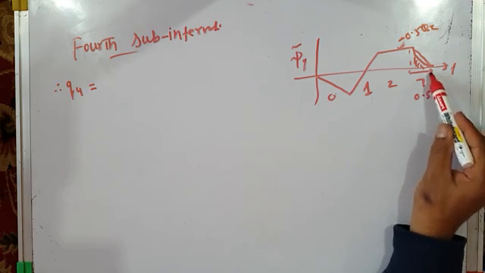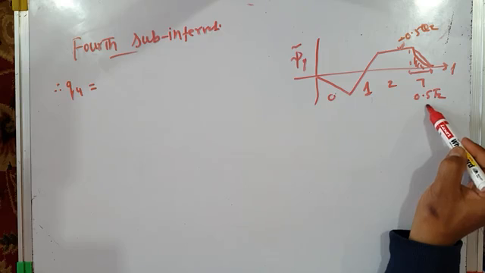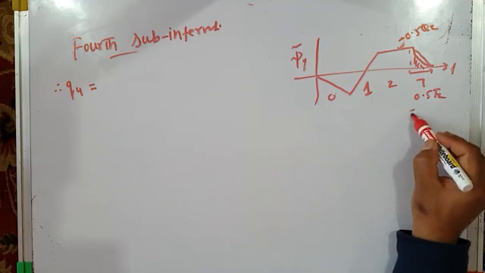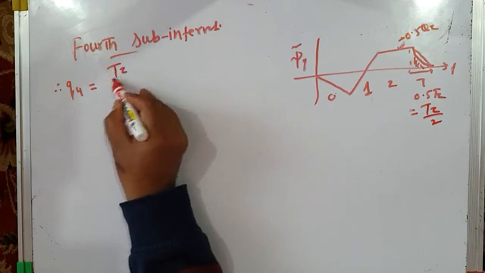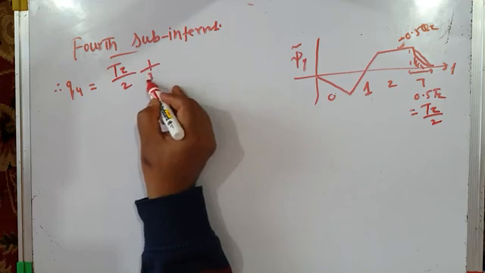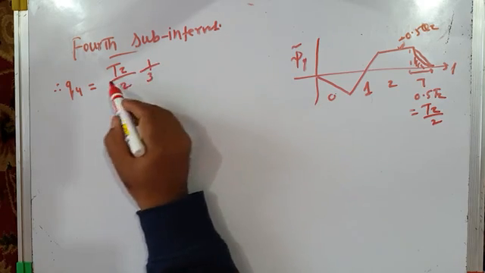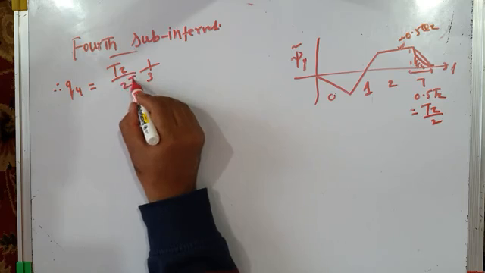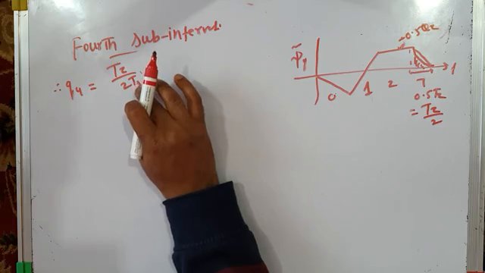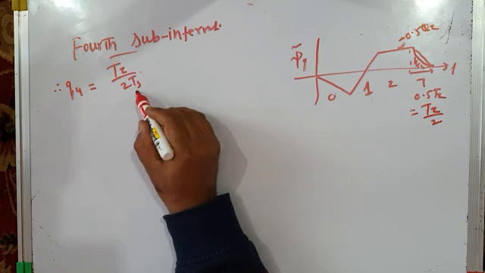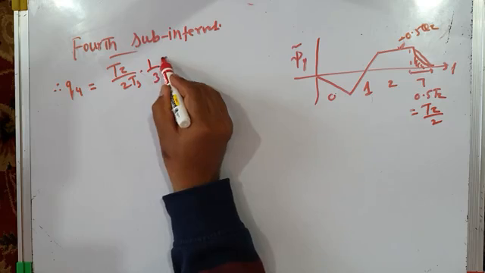You can very clearly see this null vector is applied for a time interval 0.5 tz, which is also tz by 2. So it is tz by 2 ts into 1 by 3.